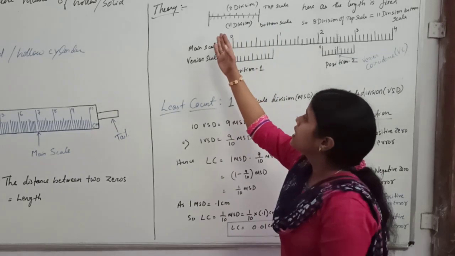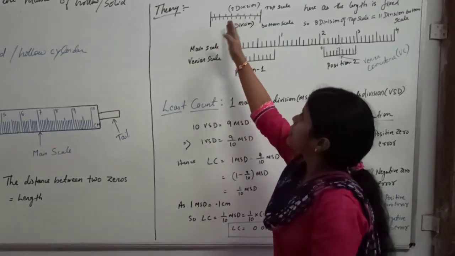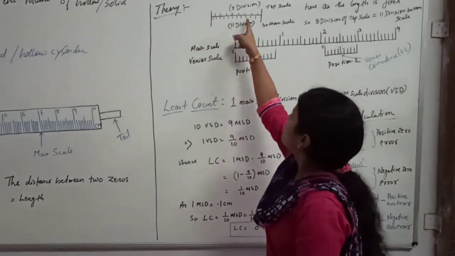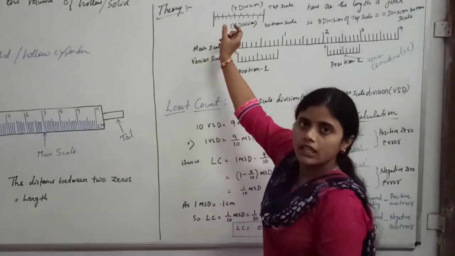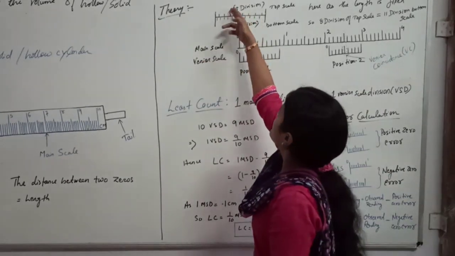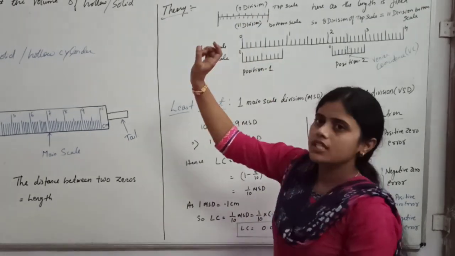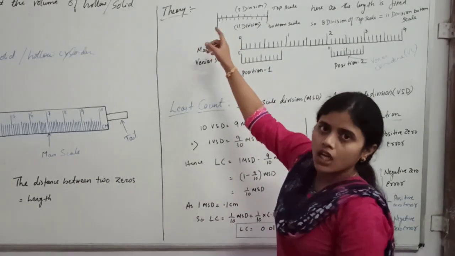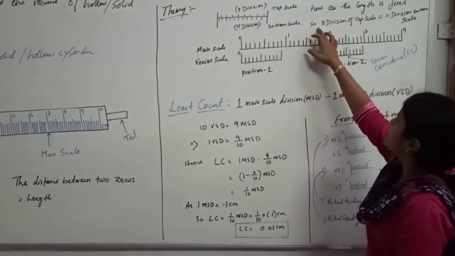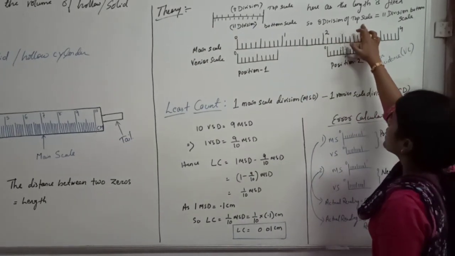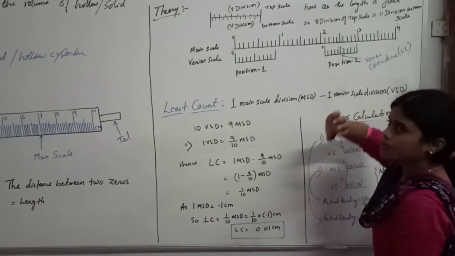I have only changed the separation. Here there are 11 divisions because the separation is less, and in the above scale I have done 8 divisions. The separation is a little bit more as compared to this, but the length is fixed. That's why I have written 8 divisions of top scale is equal to 11 divisions of bottom scale.